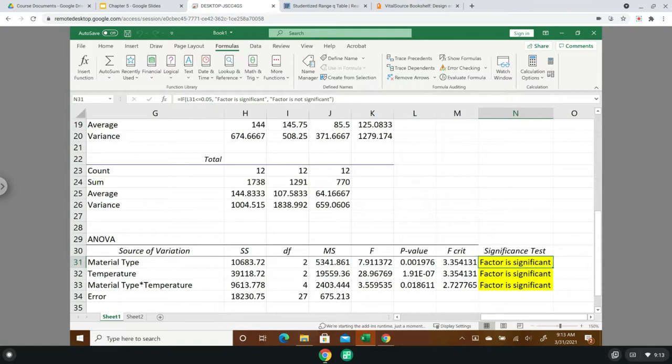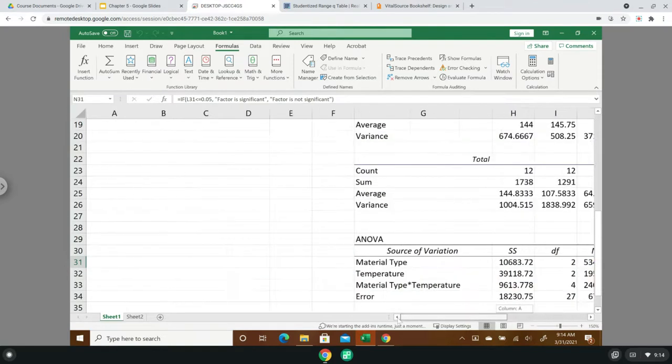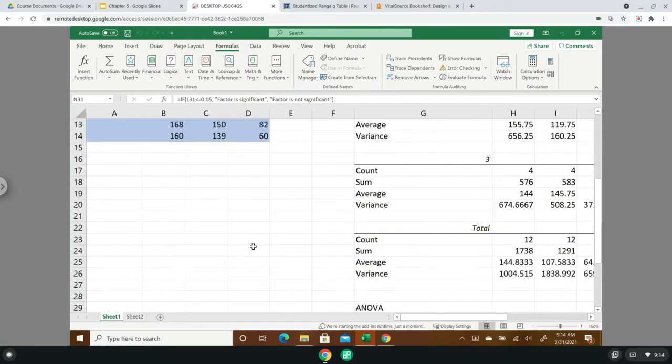So to find out those individual differences between material types, we need to perform post ANOVA comparison of means, right? We need to compare two at a time, and in this case we are going to perform a Tukey test. So let me write down here: Tukey test.